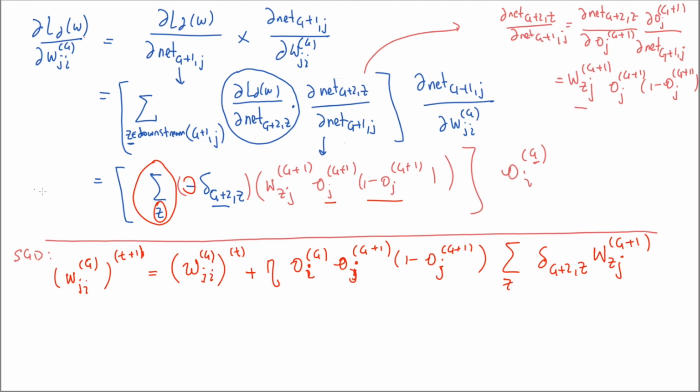And we can rewrite this as w_ji at iteration t plus eta o_i^g.